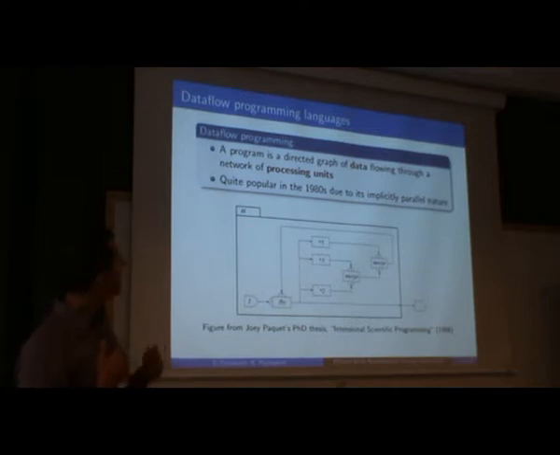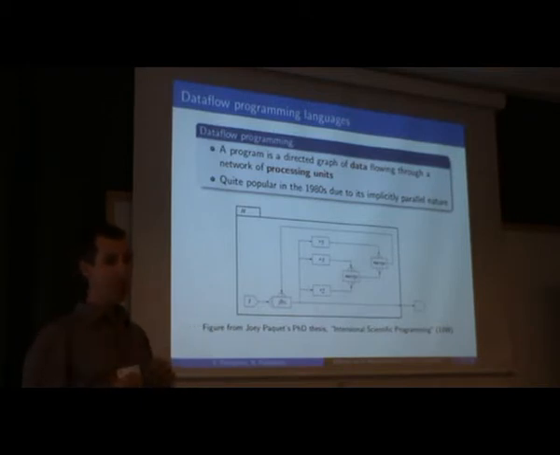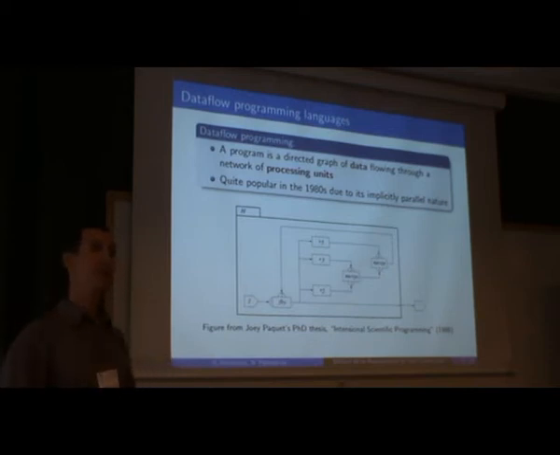And the way in which this works is in every processing node, whenever the data that it is waiting for are available, then this node is activated, produces some output, and then this output possibly enables the computations in other nodes, etc.